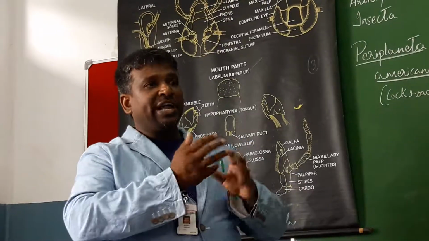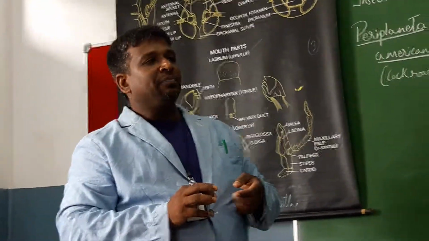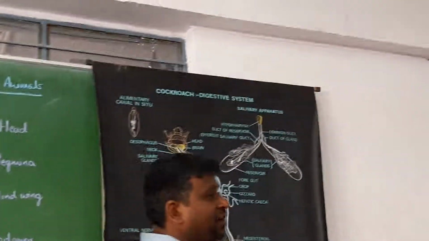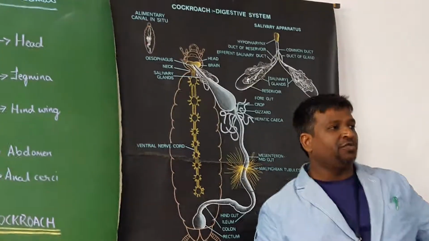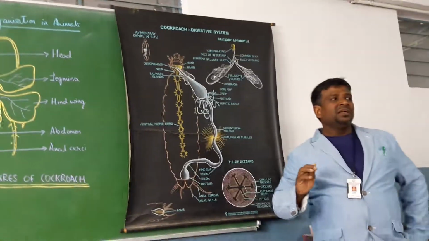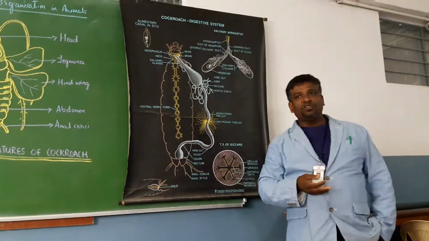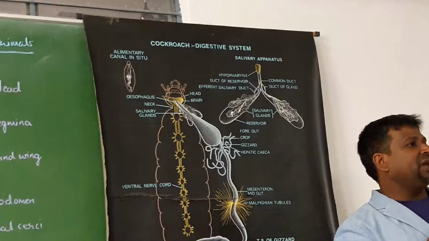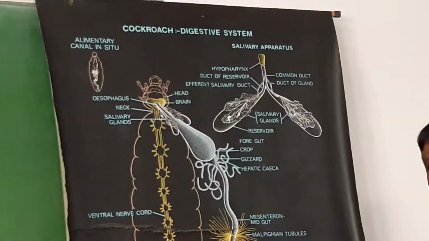So the food gets mixed with saliva and it passes through the digestive system, which we'll discuss here in detail. So this is very important from exam point of view. The digestive system of cockroach diagram is important as well as the explanation. Before you study the digestive system of cockroach, if you want the concepts to be easier, just try to figure out what is the digestive system in us.